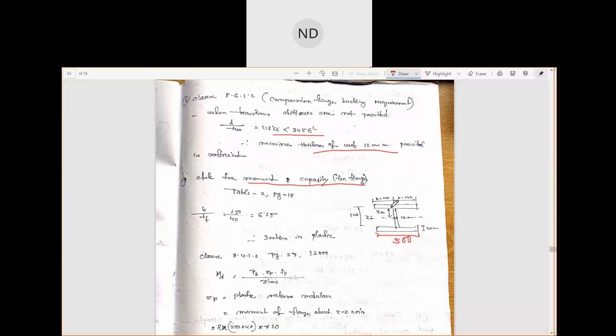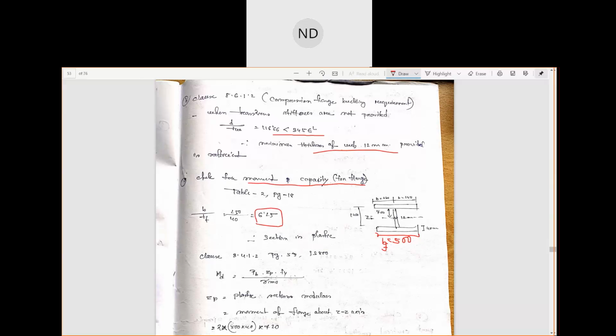So b, b suffix f, is half of the 500, so this will be 250 and this is 250. So b by tf will be how much? 250 by tf, where tf is the thickness of the flange. This thickness was how much? We got 40. So b by tf is 6.25.